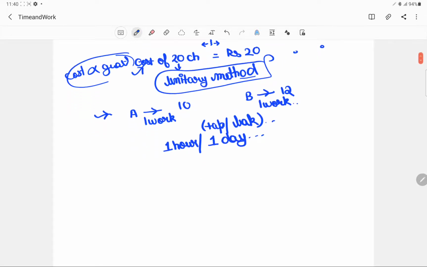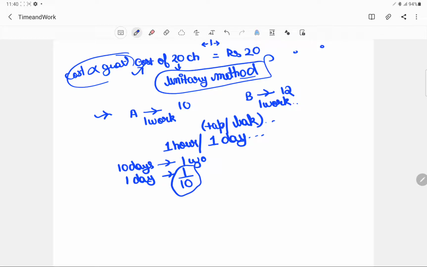So we are clearly aware that if in 10 days he is doing one work, then in one day he would be doing, of course, 1/10 work. So always compute their one day work, convert it to the unitary base, use your intuition.